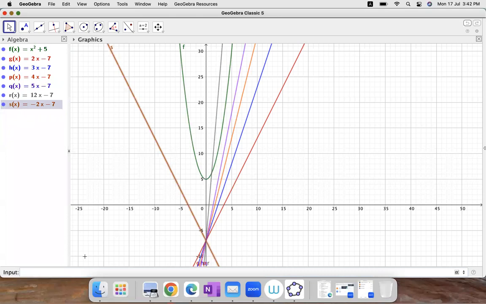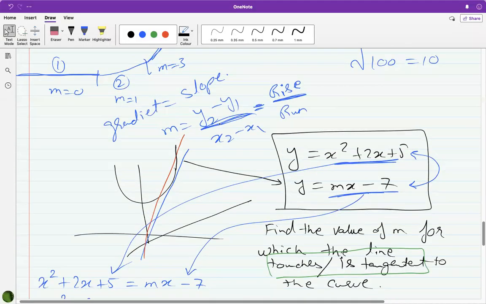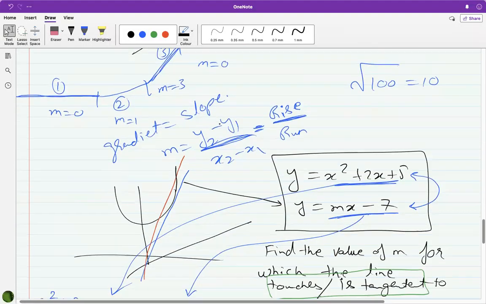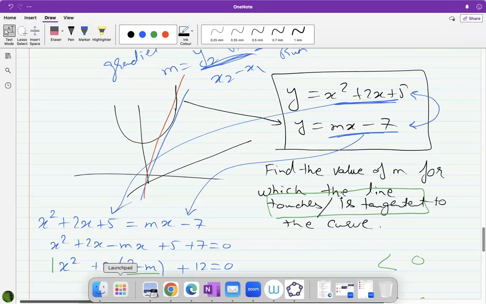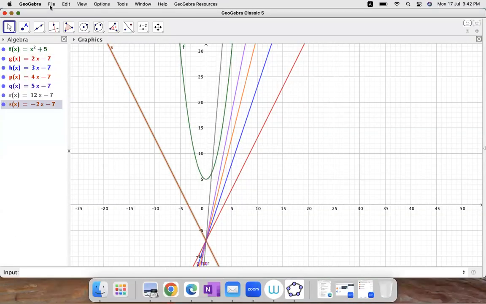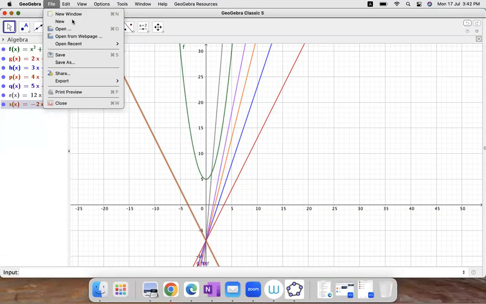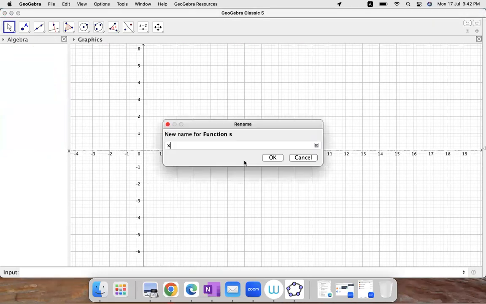And if we type our main equation here, which was x square plus 2x plus 5.